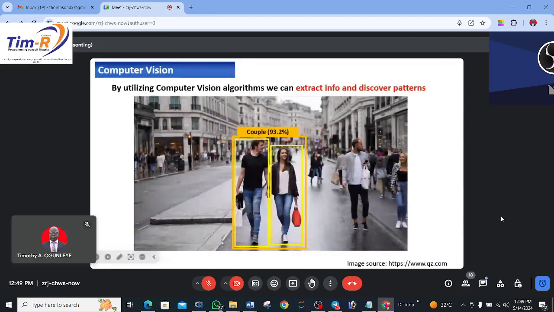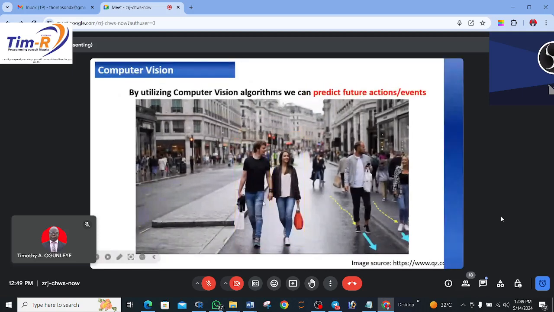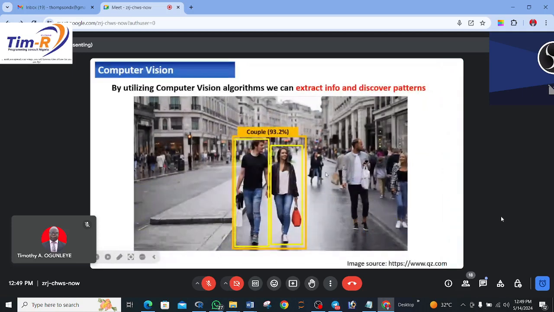In this case, just by looking at these two people, we can say that they are a couple, given the way they are holding hands. That is just the prediction we have here. So we can train a computer vision model that will be able to identify couples, that is, if they are holding hands. So computer vision helps in classification and discovery of patterns.